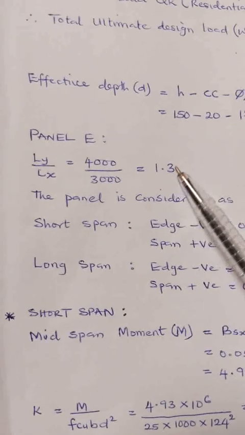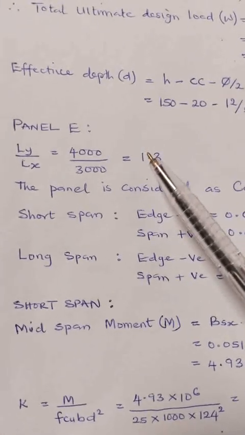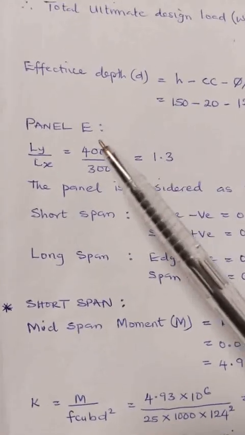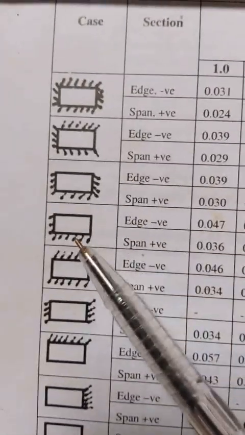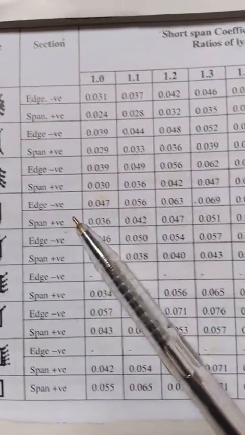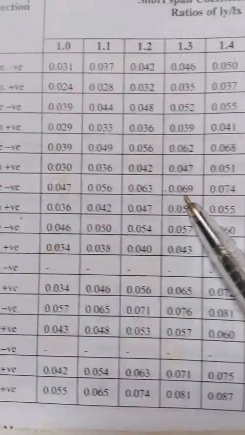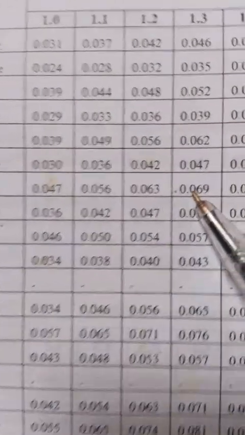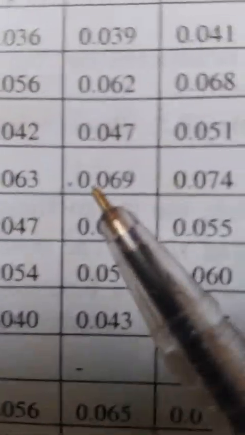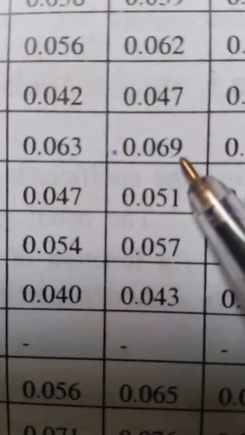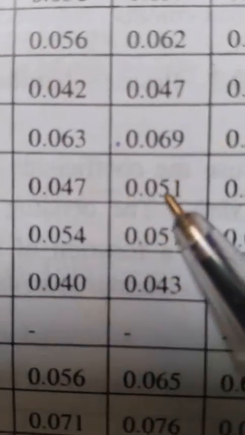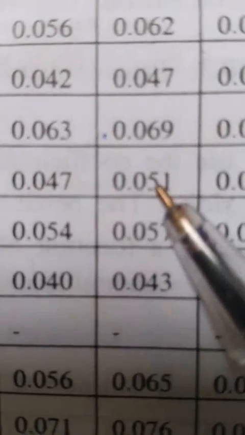Now we have 1.3 as our LY-LX ratio, then we have case 4. So we go back to the table. This is case 4, then we trace to 1.3. This is our negative edge moment, and this is our positive span moment.